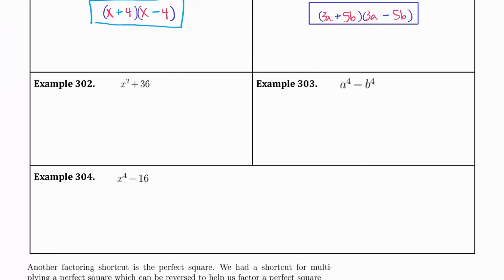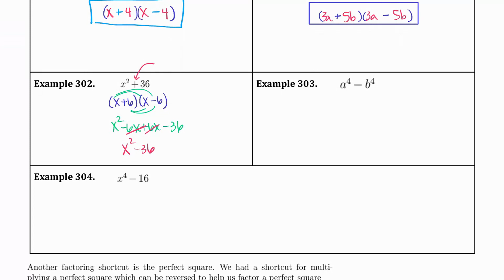Okay, so on example 302 here, you might look at this and be tempted to say x plus 6, x minus 6, but if we check this, if we multiply this out, we get x squared minus 6x plus 6x minus 36. Well, these two give me 0. So we get x squared minus 36.